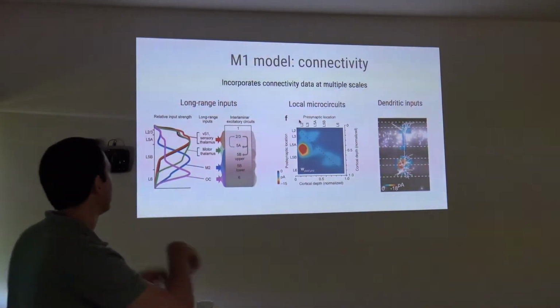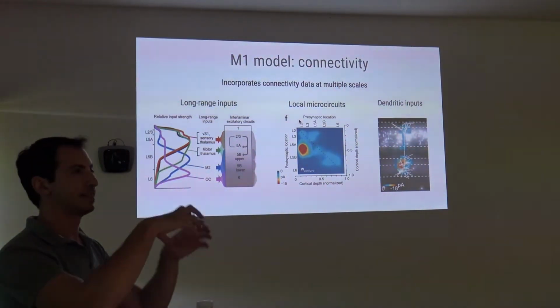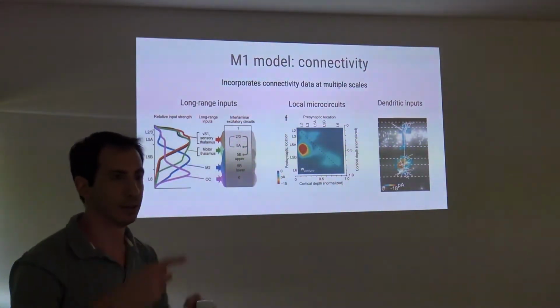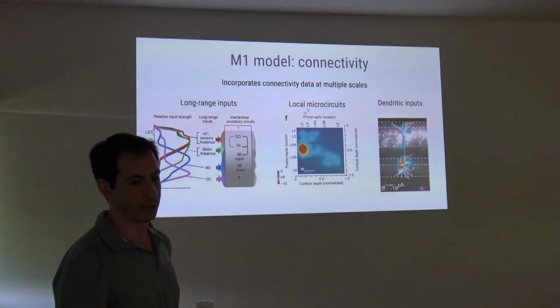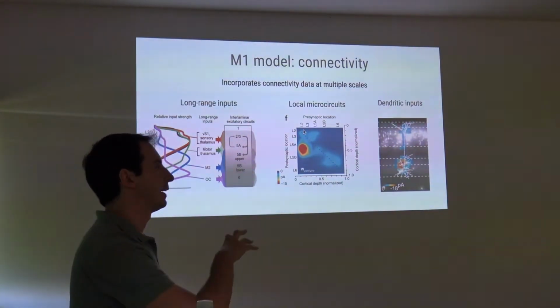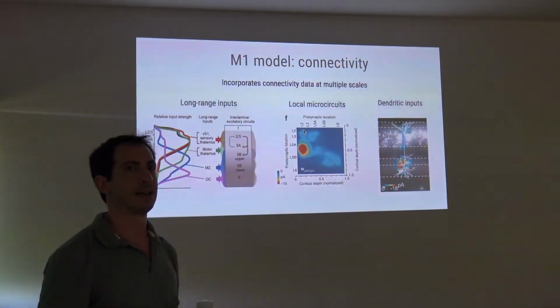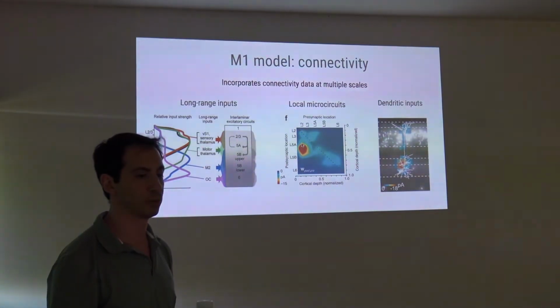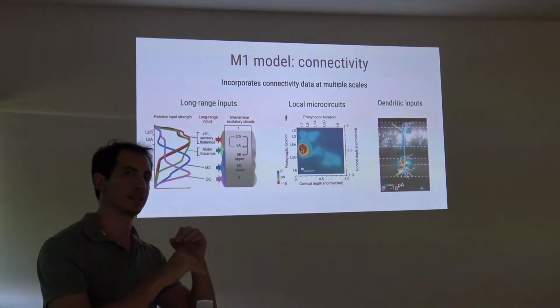We also look obviously at the local connectivity. So how are the cells in this part of the circuit that we're simulating, how do they connect to each other? And that is also very specific, and we have data for each of the cell types, and depending on the depth of the cell, so not just the layer they belong to, but also the cortical depth of the cell.